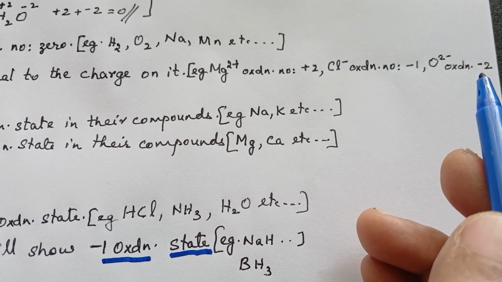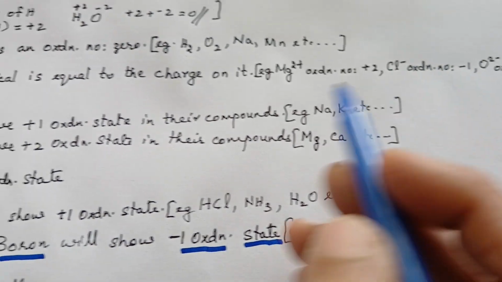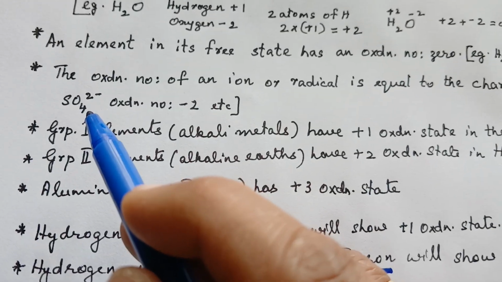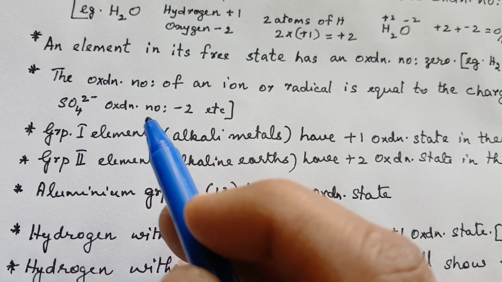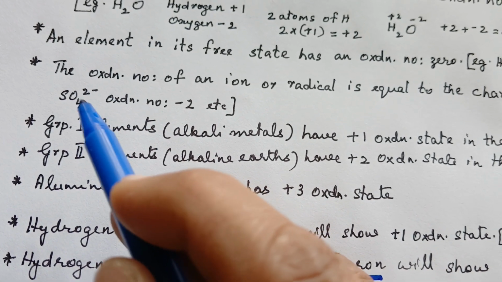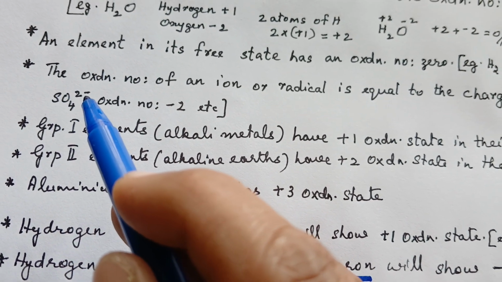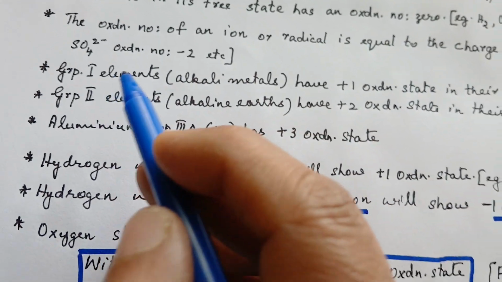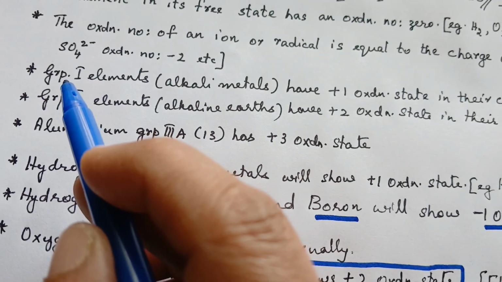O2-, oxidation number is -2. But if it is a radical like sulfate, SO4 2-, oxidation number is -2. That is assigned to the whole group of S and O4. It is 2-, so -2 will be the oxidation state.